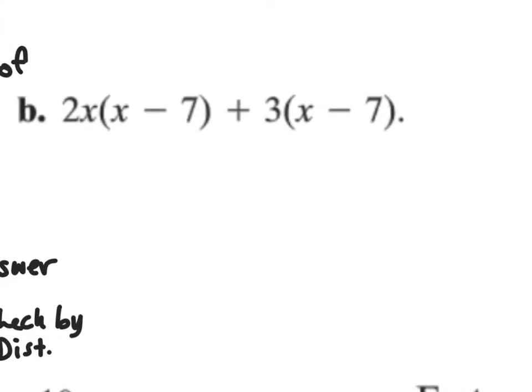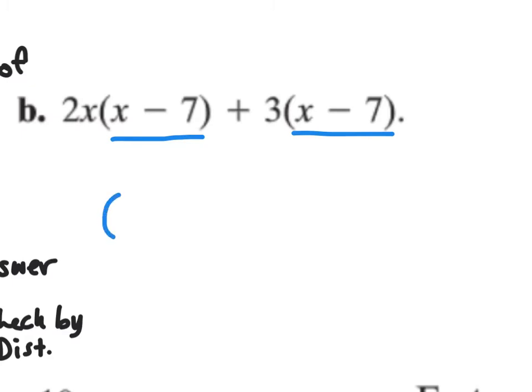I want to factor this one over here. Now this one's a little bit interesting because I have 2x times the quantity x minus 7, plus 3 times that same quantity, x minus 7. So when I look at this, I have a common factor of x minus 7. What I want to do is factor that out, the opposite of the distributive property.